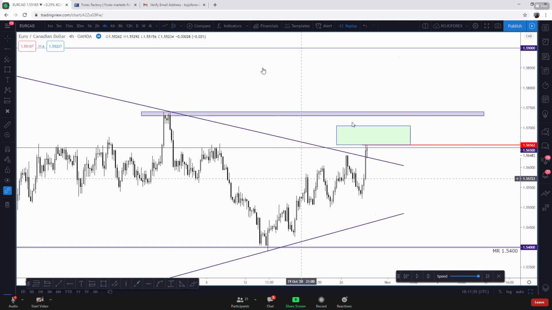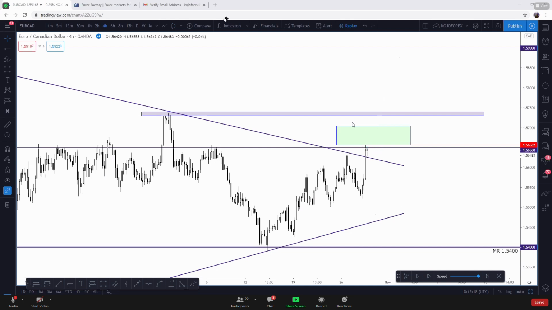You could have wicks run through that level, but the body will come back and close beneath it. It is still valid. Even if the wick is up to here and then the body comes back to close it down, it is still valid. It's a part of the rule of thumb.